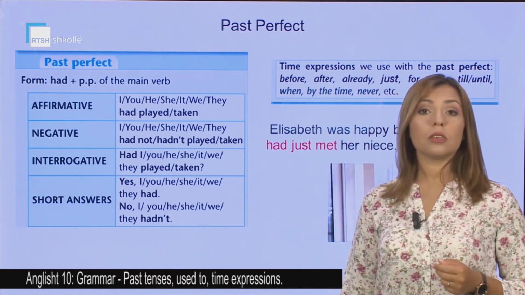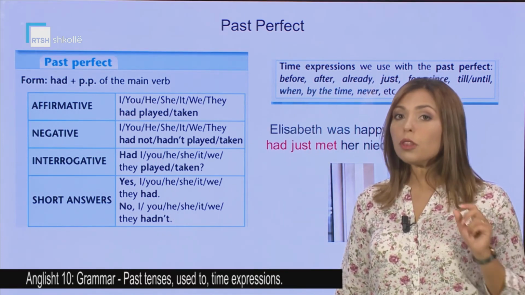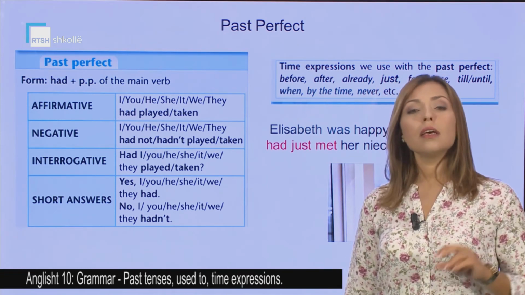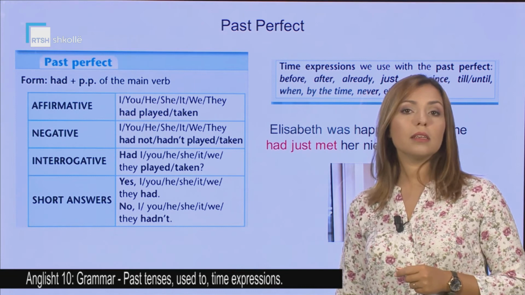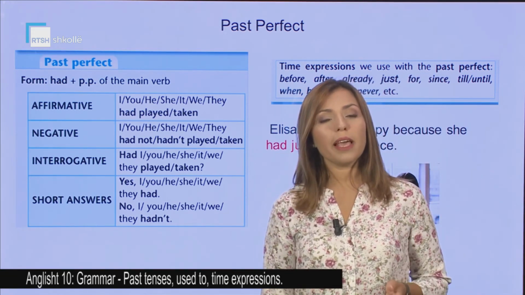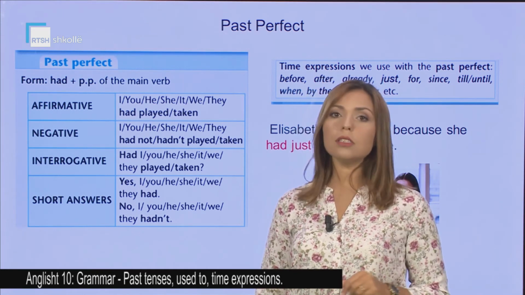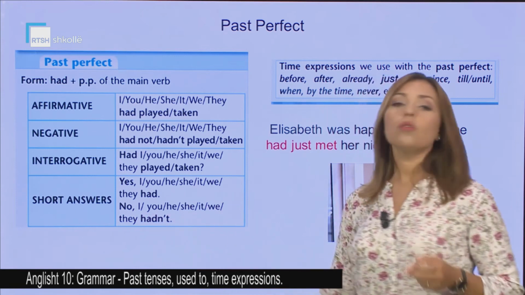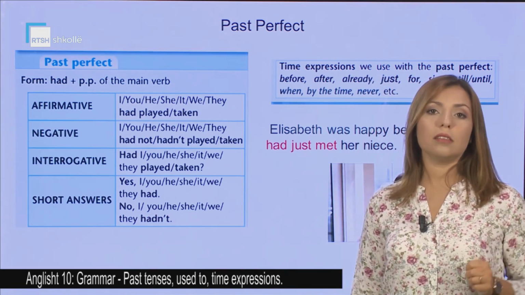The question, interrogative form, put had in front. Had I played? Had you played? Had it played? Had they played? And the short answers, yes, I had, or no, for example, he hadn't.